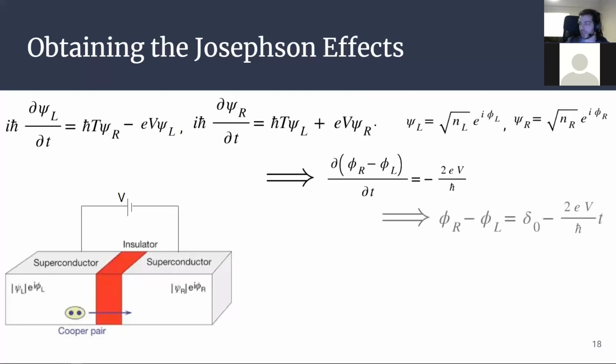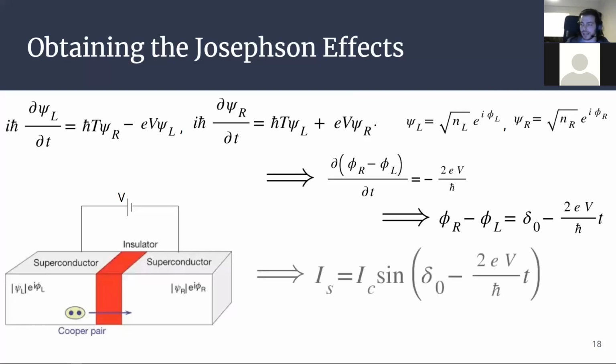Okay, so integrating, we get the phase difference equals some constant, which is the constant that I said we cannot control, minus t times 2eV over h bar. So here, in the DC Josephson effect, we had the phase difference of two superconductors. If you plug that in, what we get is what we now know as the AC Josephson effect.